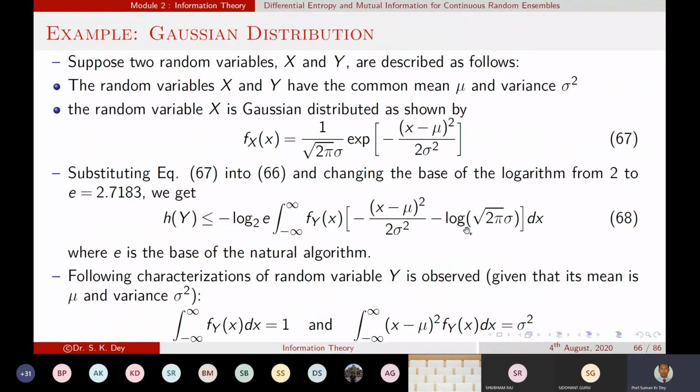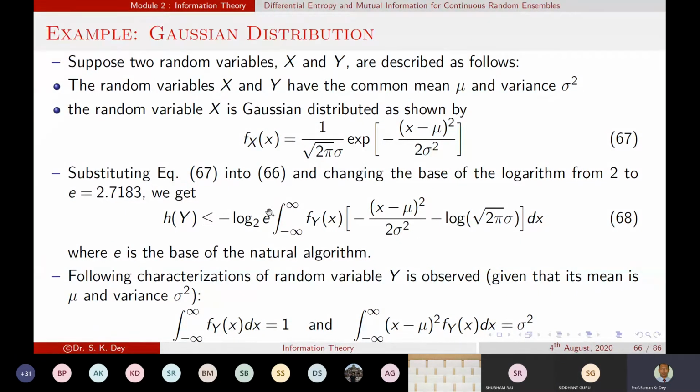So when we change the base to log 2, there will be a denominator of log base 2 of e, and that log base 2 of e will cancel each other. Do you get that thing? Not clear, sir.